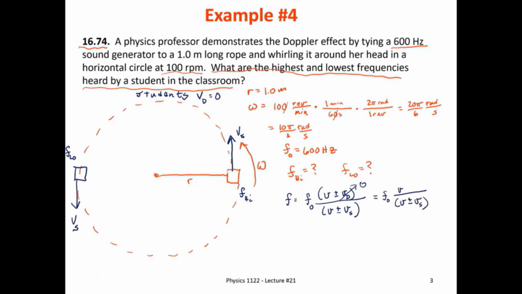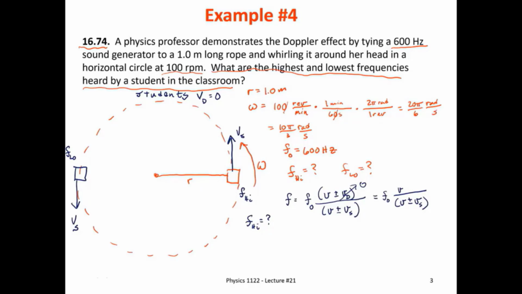And now what we want to do is apply this equation two times, one to determine the high pitch frequency and the other to determine the low pitch frequency. And so we'll first focus on the high pitch frequency. To figure that out, what I know is the high pitch frequency is going to require f to be higher than f naught.